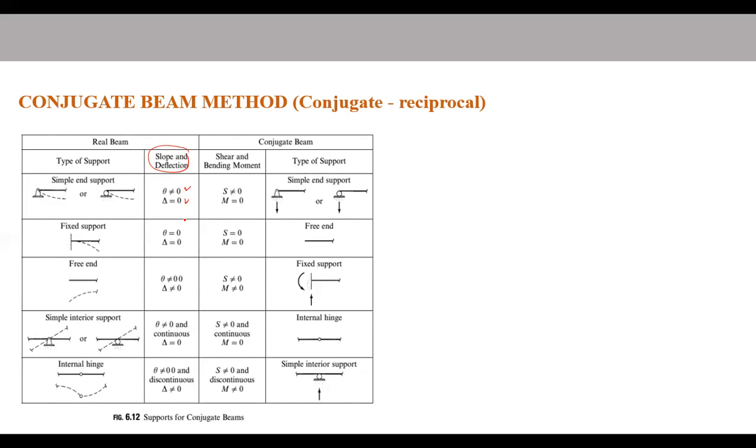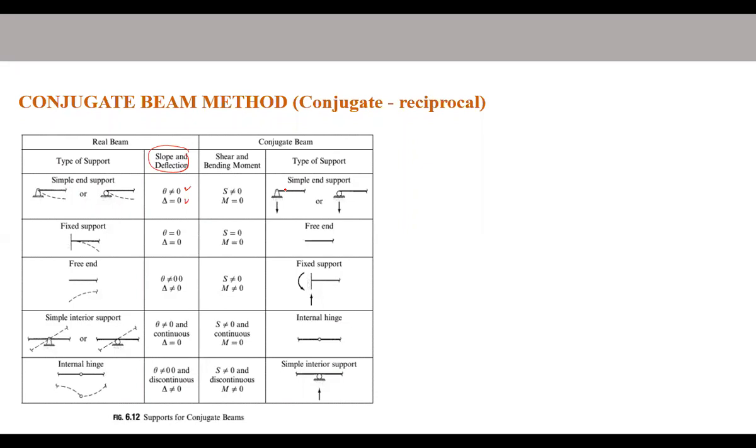So for a pin support in a real beam, when you convert it to a conjugate beam, at that point the shear force and moment are going to be slope and deflection. In a simply supported beam, you can have slope, so in a conjugate beam, you can have shear force.